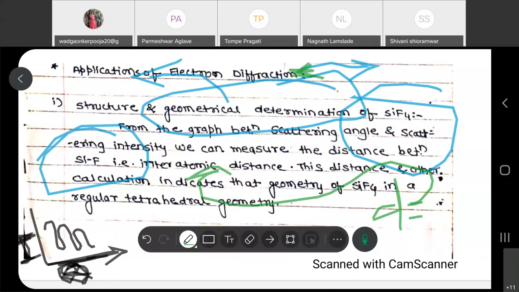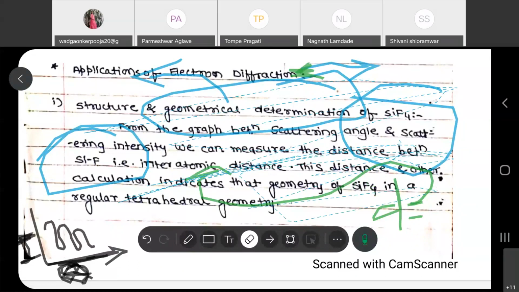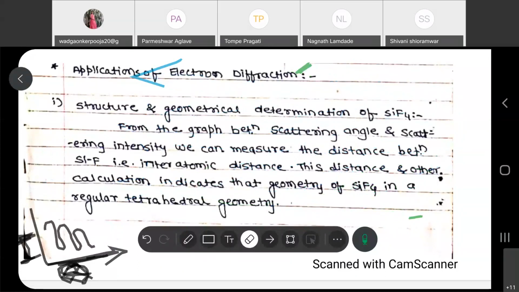And this interplanar spacing is used to determine the regular geometry of SiF4 molecules.